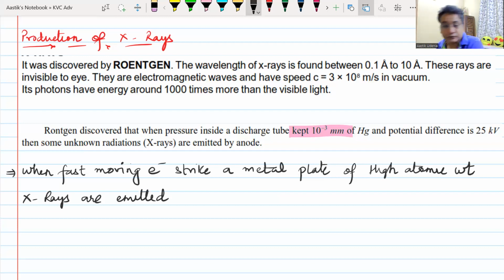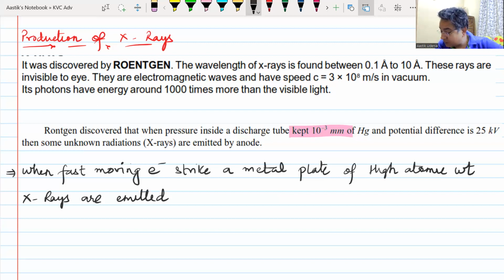So in order to produce X-rays, what are the essential things that we'll require? I've told you how X-rays are produced.